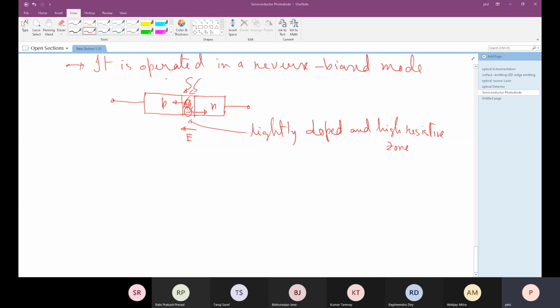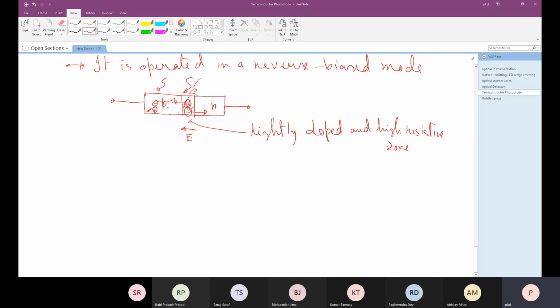However, if the photons are incident here, then in the absence of a high electric field, there would be only some electric field. So the carriers will go through some diffusive motion. Therefore, the chance of recombination will be much more.